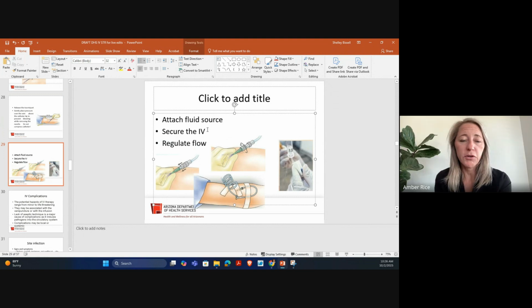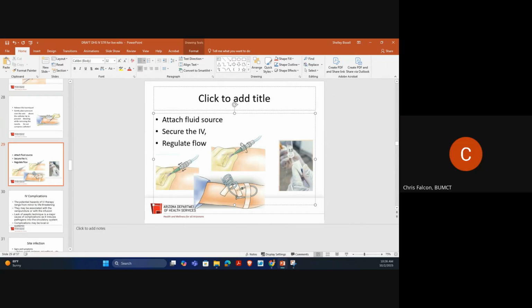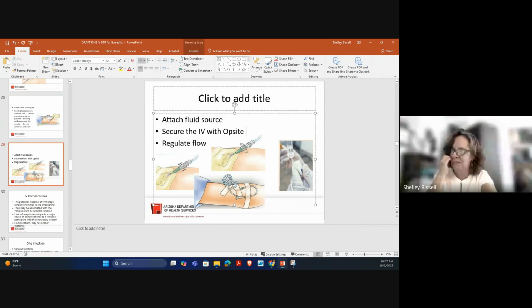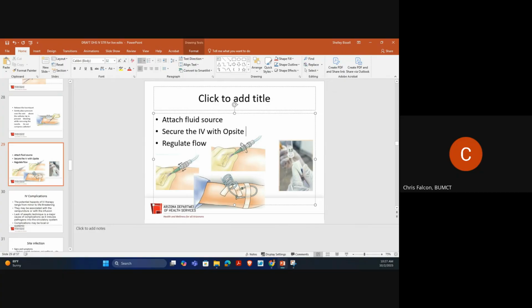Yeah, secure IV in place, dressing, or something like that. Or you say secure IV with Tegaderm, or whatever the other language we used on the previous slide. Is Tegaderm a registered trademark? Or equivalent. Or alternative.